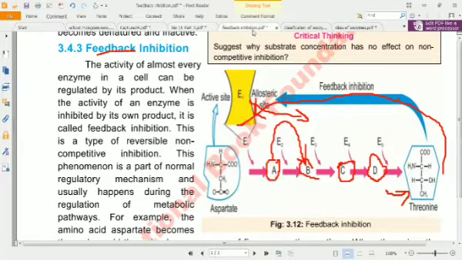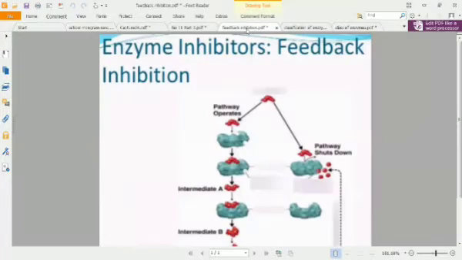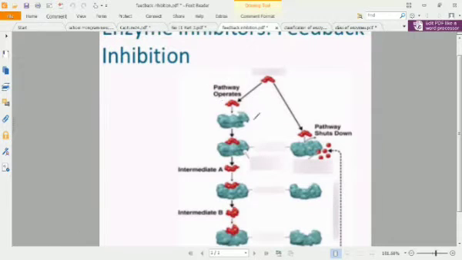You can see feedback inhibition in this diagram, and how enzyme inhibition happens. This is a substrate which binds with the active site of the enzyme, so it will proceed to further reaction.